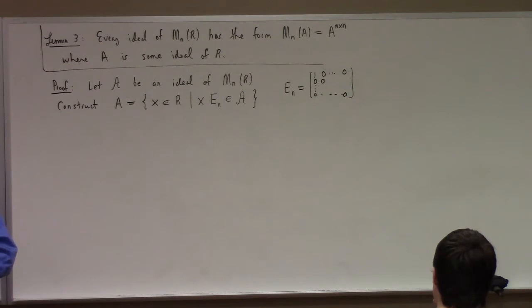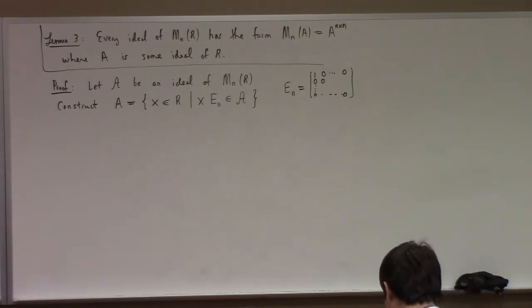That's why we're going to use that for the proof, whether n is 1 or 2 or 2000, that's always in there to mess with.